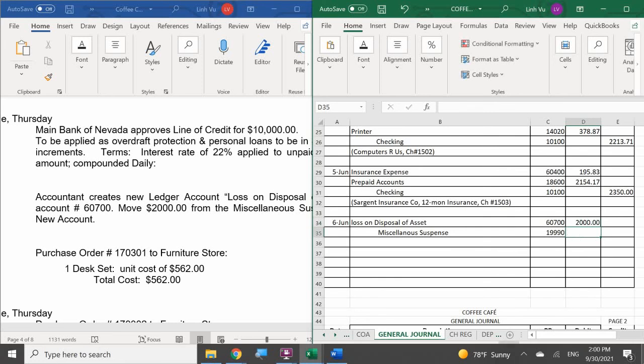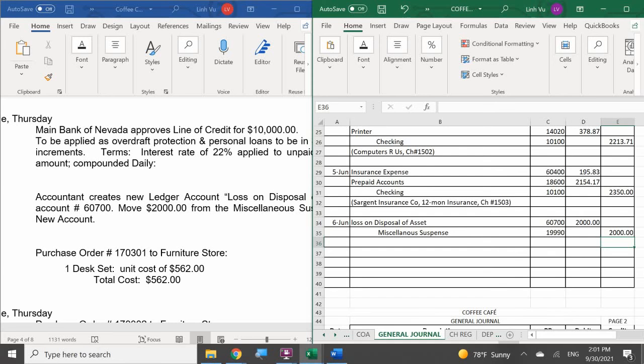So we can use the miscellaneous expense account for something else, even when you don't know where to put something. You put it in miscellaneous all the time. Look at the word miscellaneous suspense.